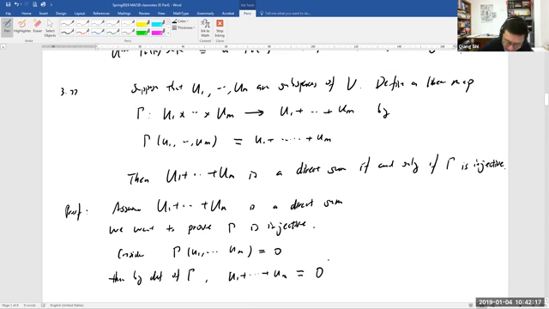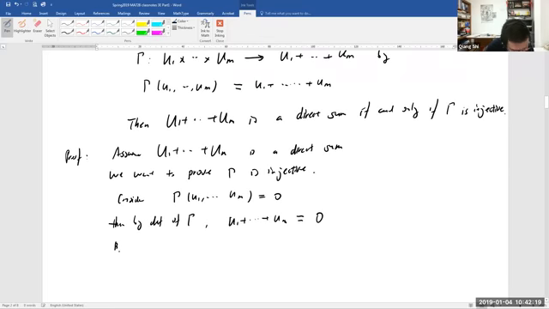And then by proposition 144 on page 23, that proposition, as I mentioned here, tells us that 0 has a unique representation. It's just the sum of the 0 elements from each vector space, U1, U2, and so on.